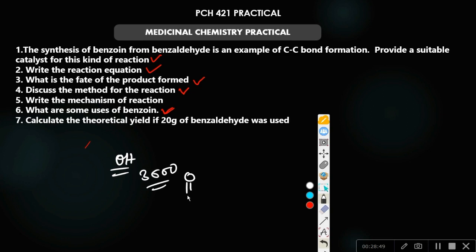It has the C double bond O functional group, you are going to see it at 1600 to 1700. Then the benzene ring at around 1600 also. I think those are the only things that are there. The mass spec and the rest, I don't think they are going to ask all that. So that is everything for this particular practical. We'll see in the next one.